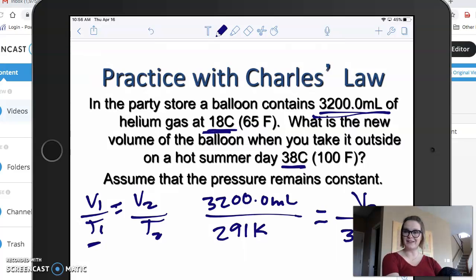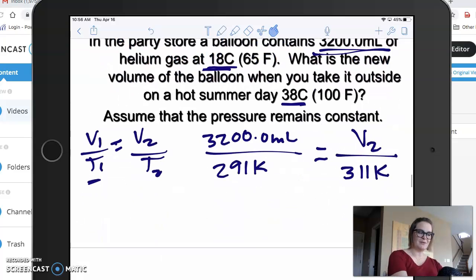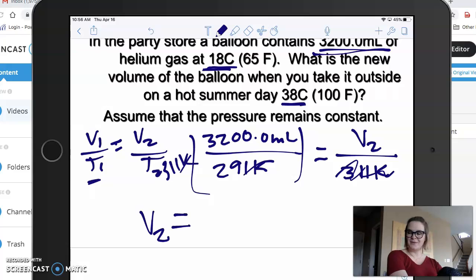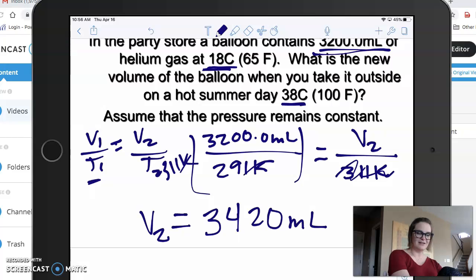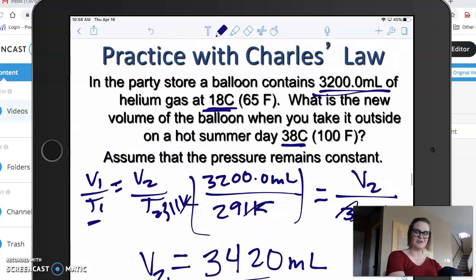And we can keep it in milliliters. So once we get V2 by itself, multiply both sides by the 311 that's there. Kelvin cancels out. That guy is gone. The new volume that we have, I think with 3 sig figs, is 3,420 milliliters. It increased because the temperature got warmer than what it was.